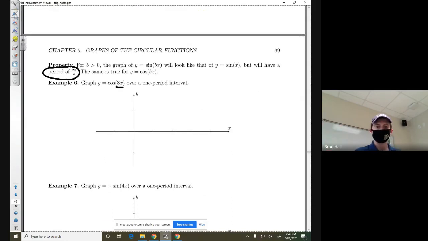So the function we are looking at, cosine of 3x. So notice there is a 3 multiplying the x value, not the whole trig function. So that 3 does not affect the amplitude. So by starting off with the amplitude is just 1.